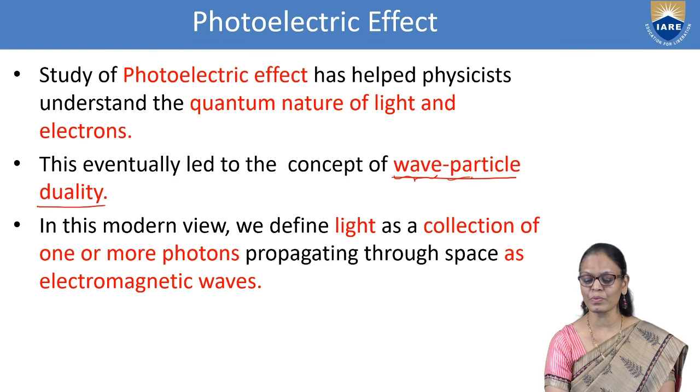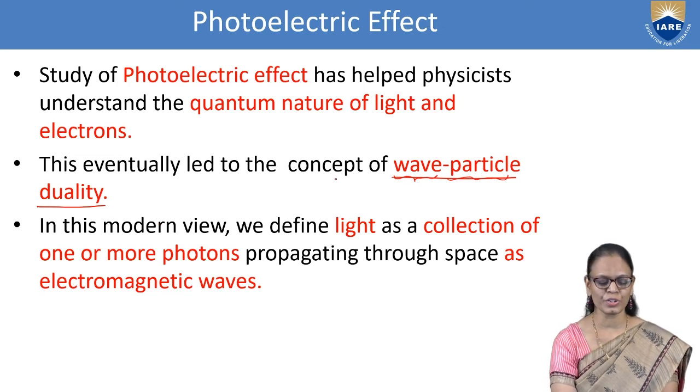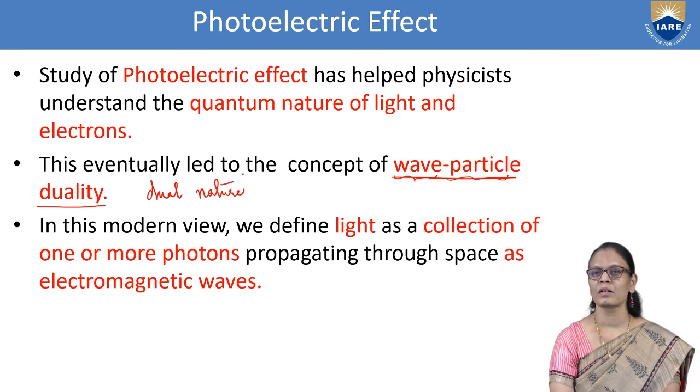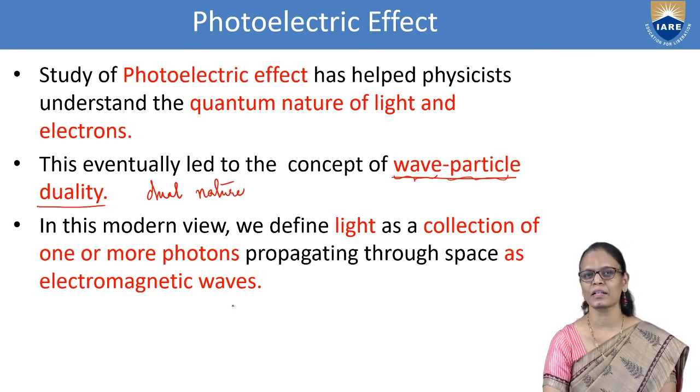But here we use the particle nature, whenever we are talking about black body radiation or the photoelectric effect. All these prove the particle nature. So they said it should have a dual nature. Dual means it has both wave as well as particle nature.